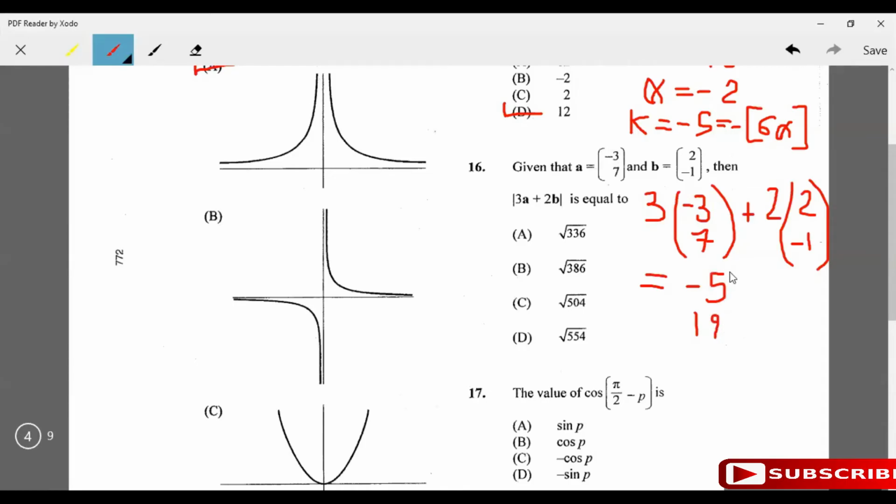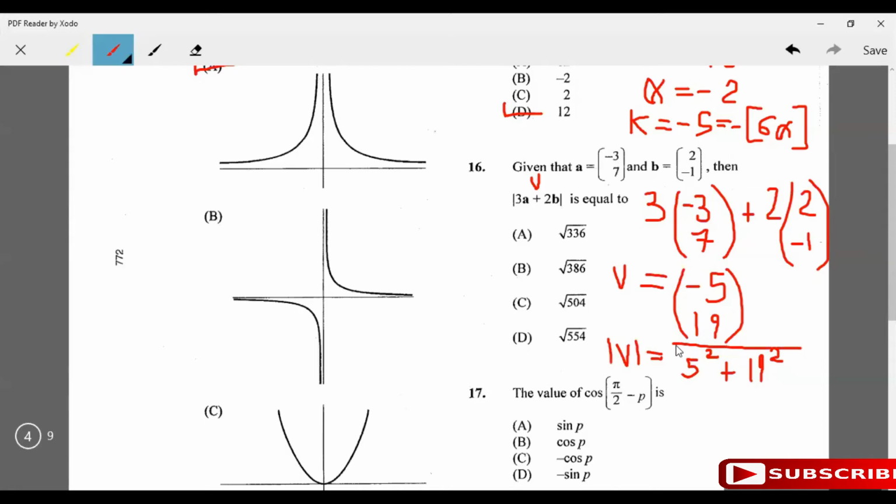Now we have this vector 3A plus 2B, so let's call it V. What they want is the modulus of vector V. The modulus of vector V is just going to be minus 5 squared plus 19 squared, all square rooted.